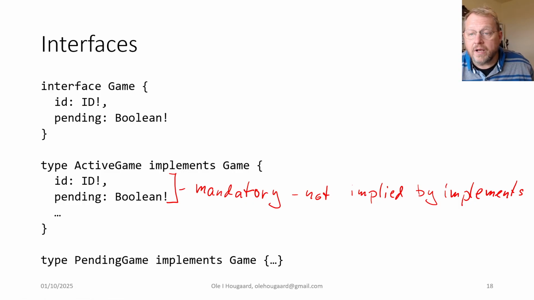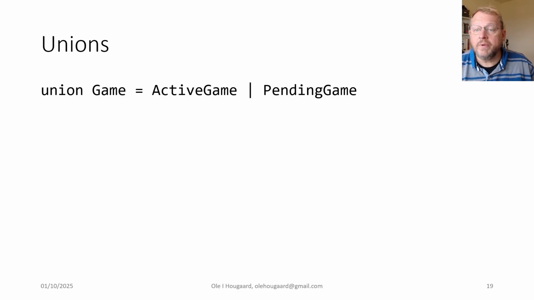Another way to say, oh, I need a type that could be either active game or pending game, is to make it a union. So you can make unions. I'm using that one in my Yahtzee solution, but that is an alternative.